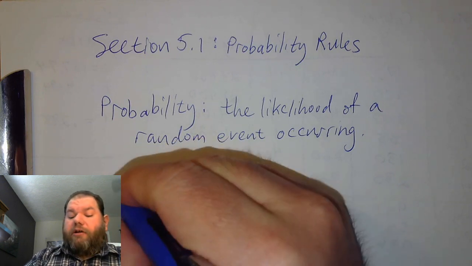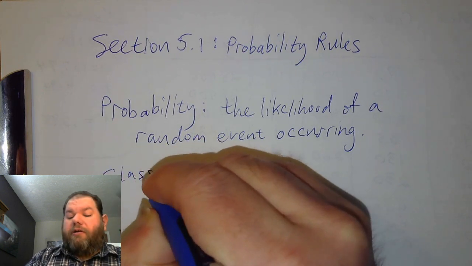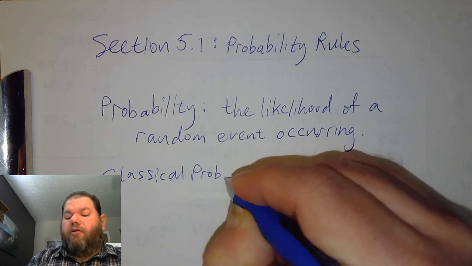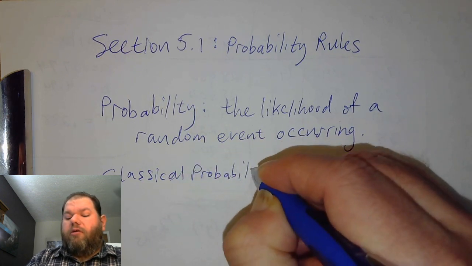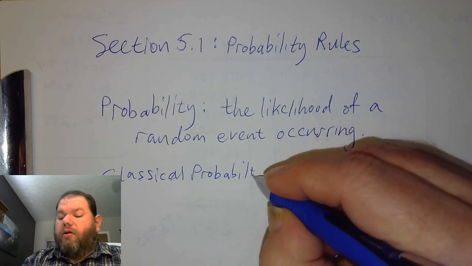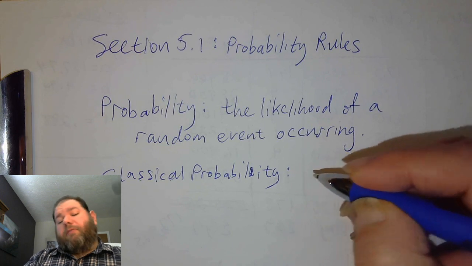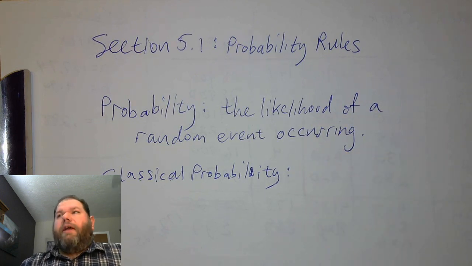So, classical probability means the outcomes are known and based on, well, let me say that again. Outcomes are equally likely to occur.